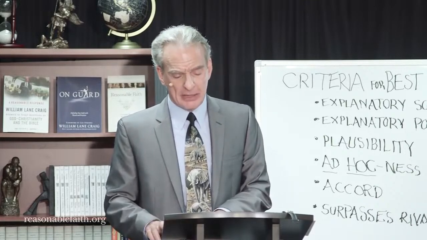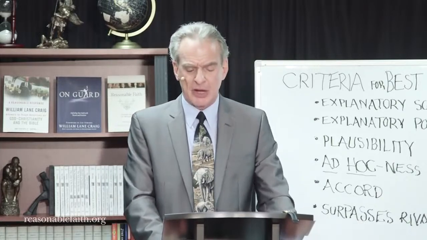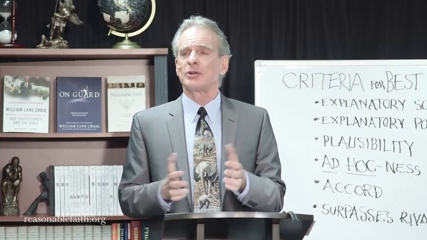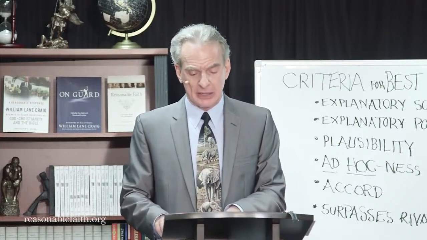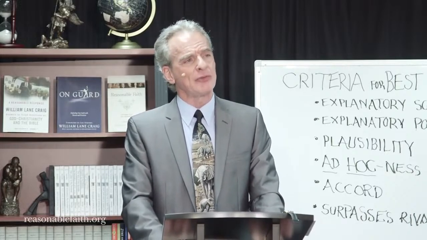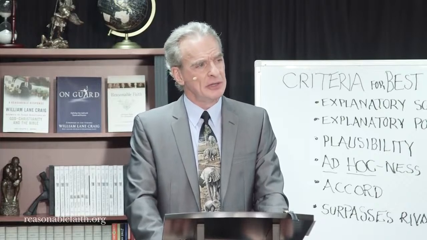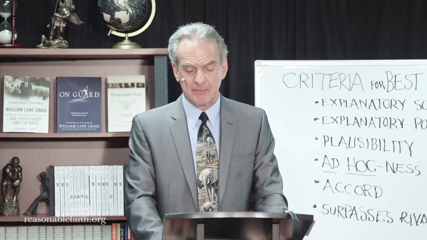What about plausibility? Well, the hypothesis is implausible for a number of reasons. Insofar as we can rely upon rabbinic sources, the criminal's graveyard was only about 50 to 600 yards away from the site of Jesus' crucifixion.